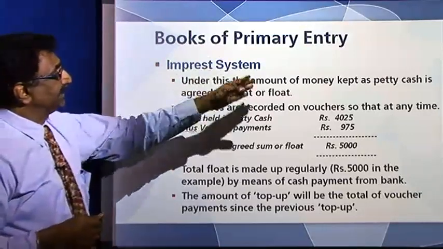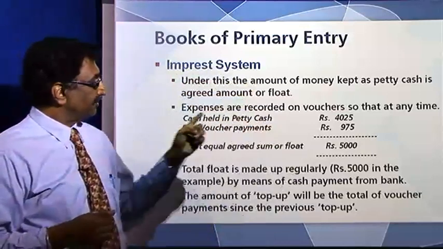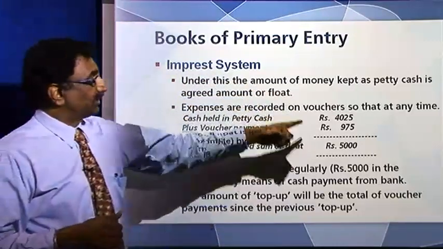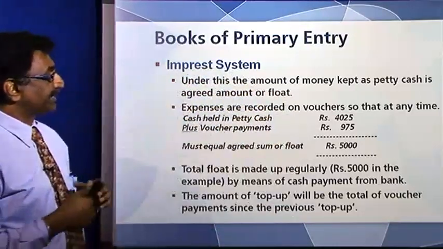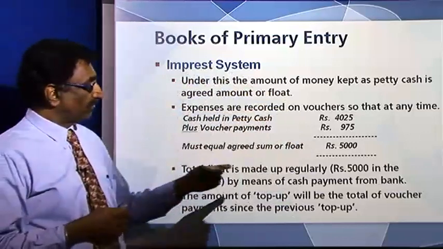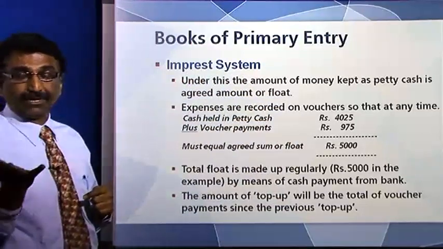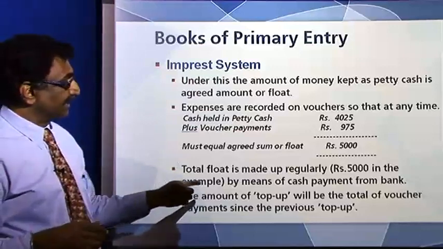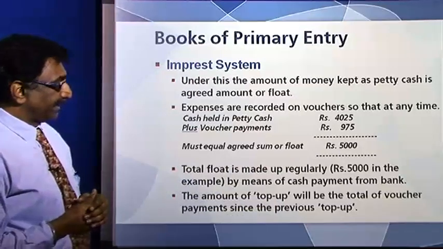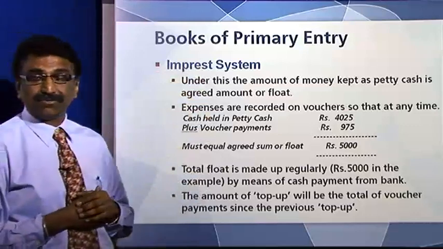That is known as the imprest system, where the cash held as petty cash plus the vouchers or the payments made for various expenses should add up to the imprest amount, or the float amount, that has been decided as a policy. So the total float amount is made up regularly. In this example, if 5,000 is the float, at any point in time a branch should have 5,000 as balance by means of cash and payments. This topping up happens from time to time, and this is called the imprest system of petty cash.